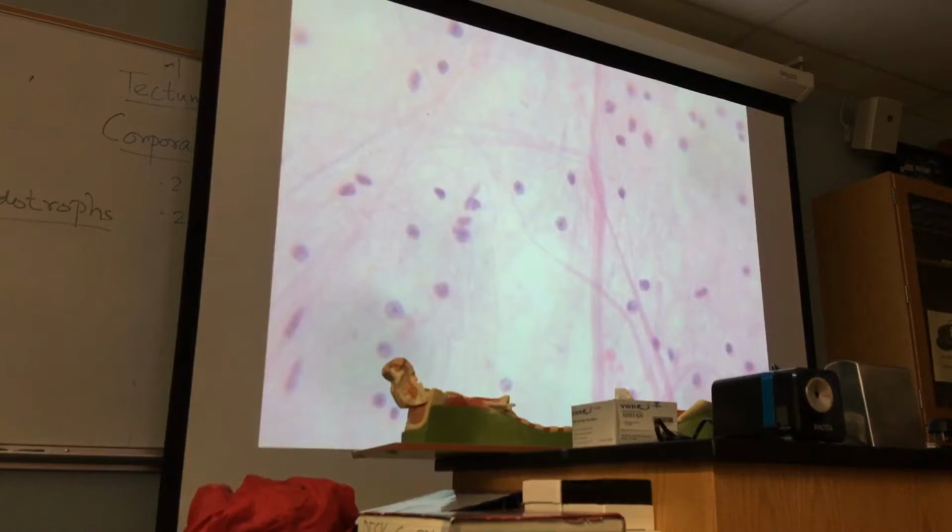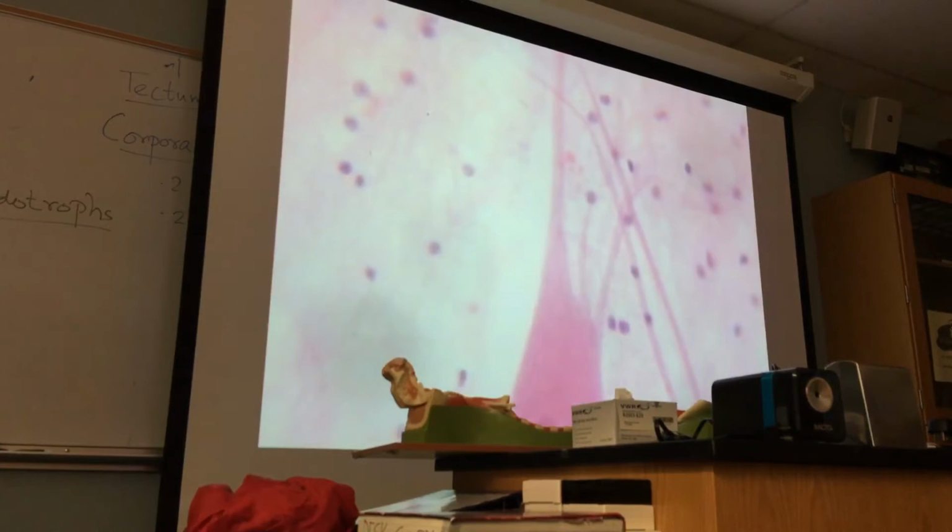If I point here and ask you to identify the structure, and you say axon, okay. But if I say be specific, axon hillock. Initial, no, that is the initial segment of axon. Axon hillock is here.